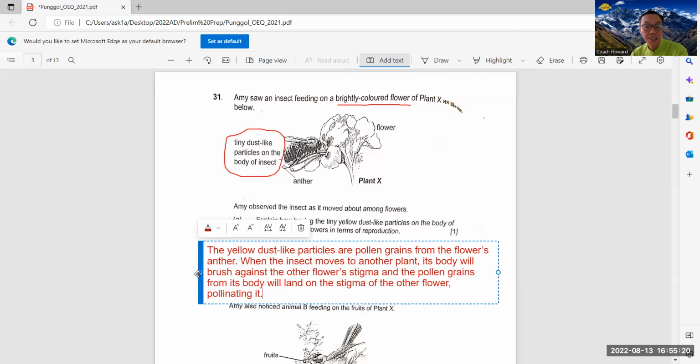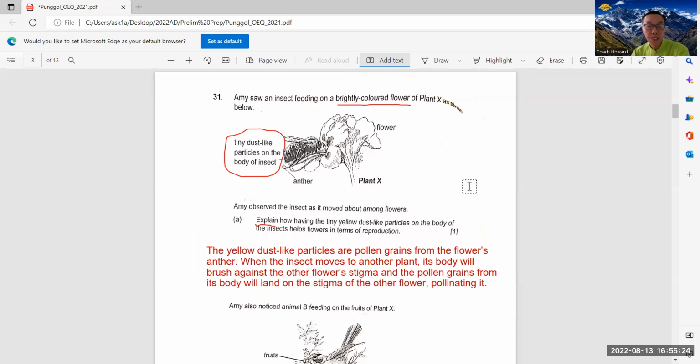Okay, so the answer says here. The yellow dust-like particles are pollens from the flower's anther. When the insect moves to another plant, its body will brush against the other flower's stigma, and the pollens from its body will land on the stigma, pollinating it.